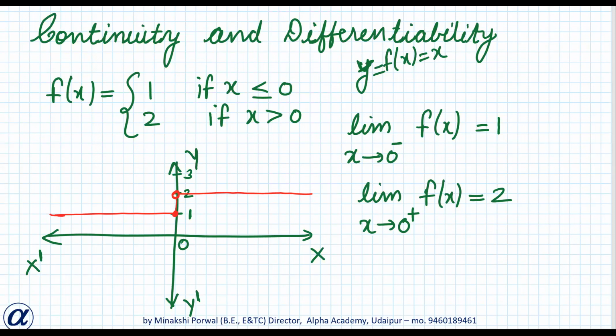So in mathematical terms, if the left hand limit is not equal to the right hand limit, then the function is not continuous at that point. So the first thing we can conclude is that the function will be continuous only if the left hand limit equals the right hand limit.